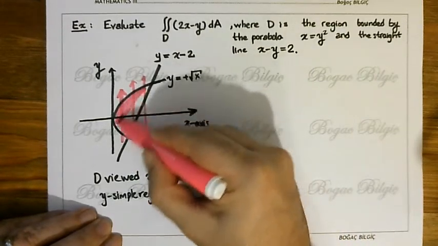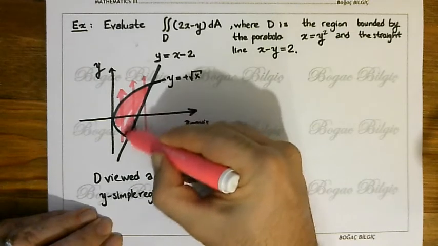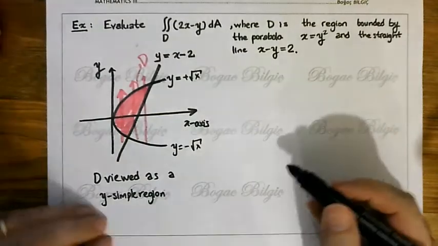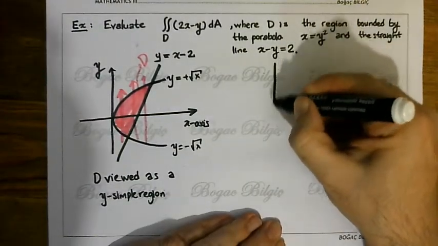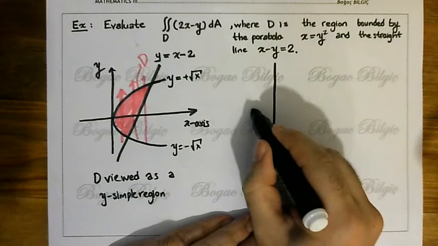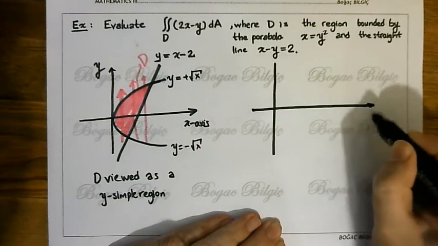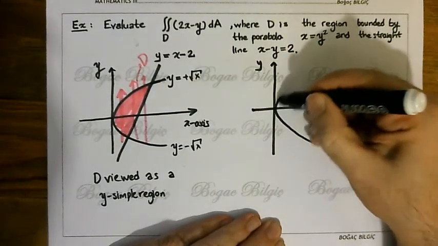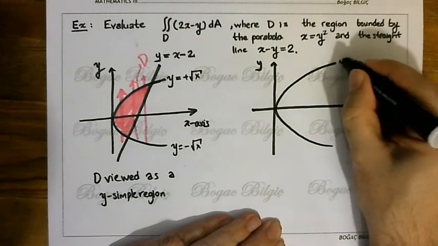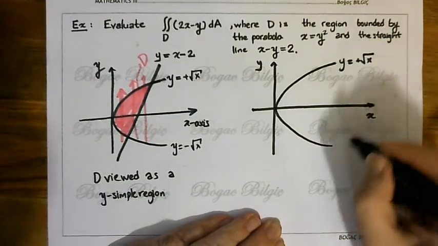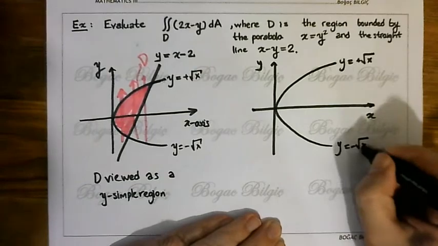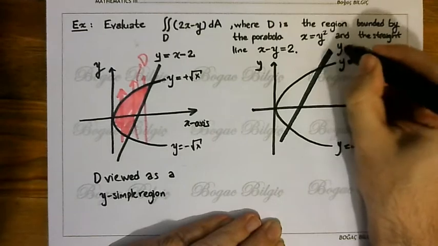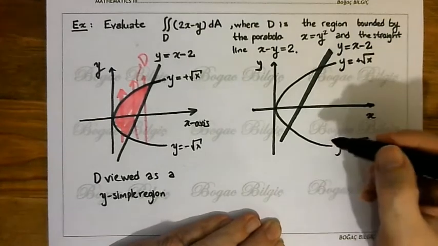This is D, and x, y, y is plus root x, y is minus root x, and this is y is x minus 2.